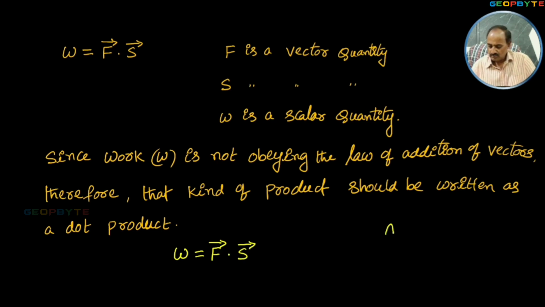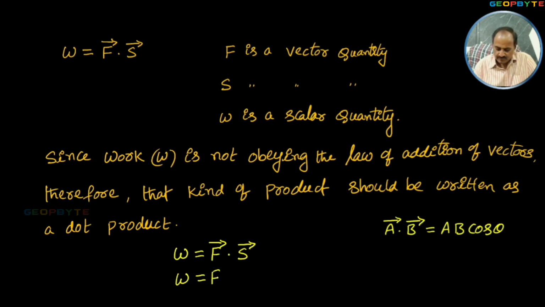As you know, the dot product of A and B is written as AB cos theta. This part we clearly studied with the concept of vectors. Therefore, work equals F S cos theta, where theta is the angle between the force applied direction and the body moving direction.